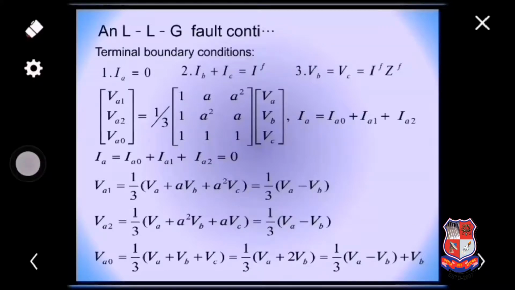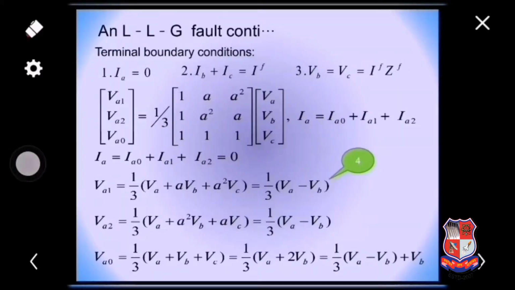Now instead of this 2 VB, I can write this in the form of 1 upon 3 (VA minus VB plus 3 VB). Do mind well, this 1 upon 3 is applicable to both VA and 2 VB. So you can put this 2 VB as minus VB plus 3 VB, and that 3 will be cancelled with this 1 upon 3, and that's why it is only plus VB.